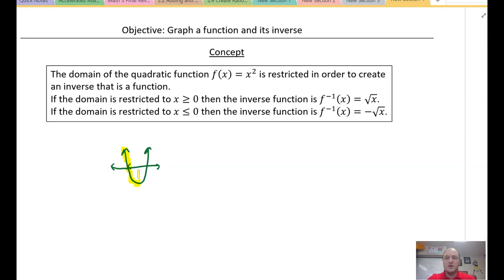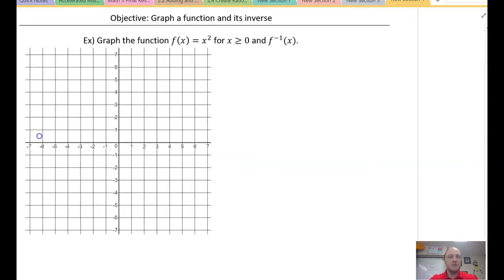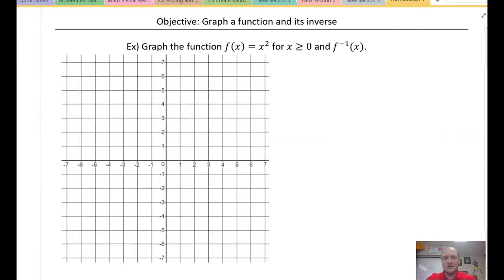So here is the first example, and it's kind of already done for us, giving us the restrictions. So it's pretty simple to graph these. All we're going to do is make a chart and fill in the values. It says graph the function f of x equals x squared for x greater than or equal to 0.